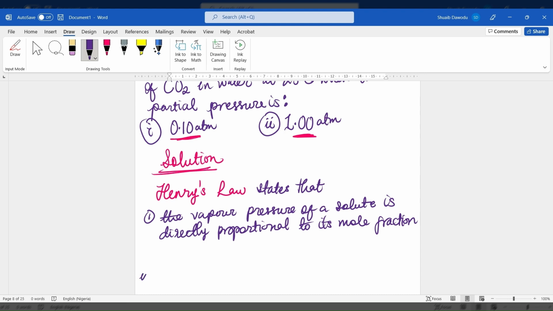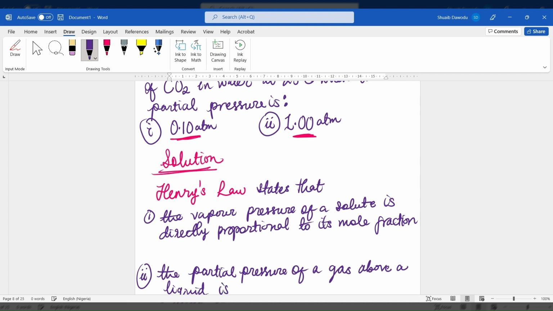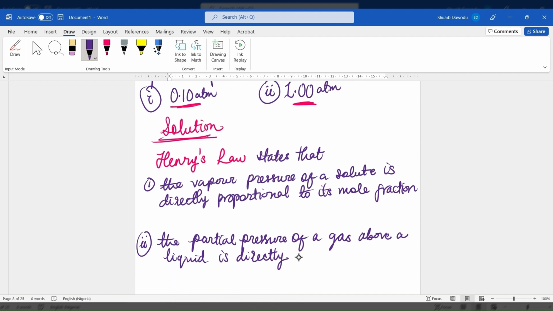The second way of stating Henry's law is that the partial pressure of a gas above a liquid is directly proportional to its concentration in the liquid.